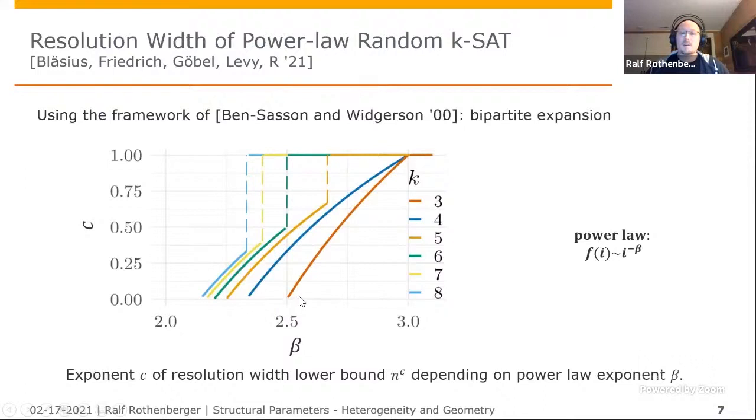Above that, it slowly increases up to being linear width. Something similar seems to hold for all constant values of k, where the resolution width slowly increases and then becomes linear. So we have this intricate dependence on the power law exponent that's very interesting, that we would also like to study with regards to satisfiability thresholds.